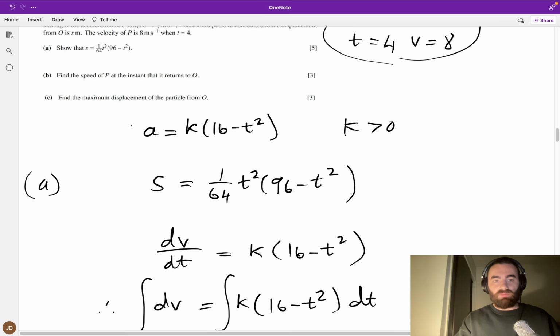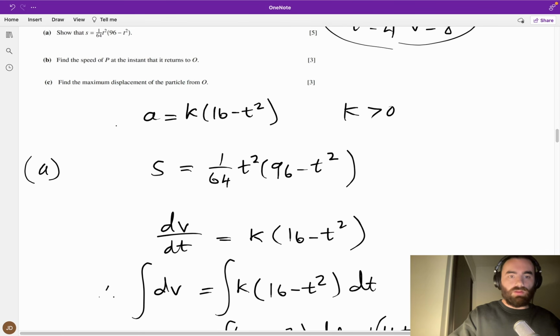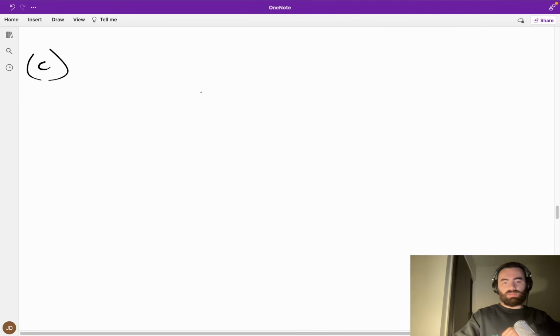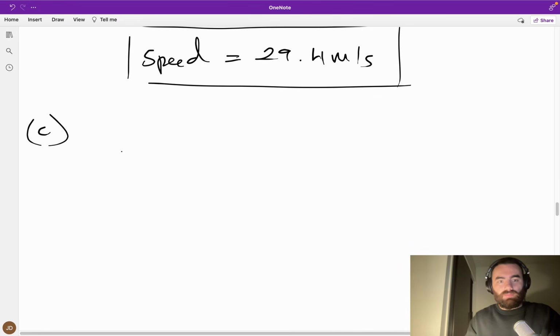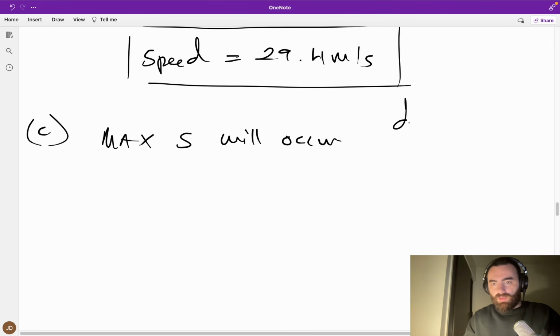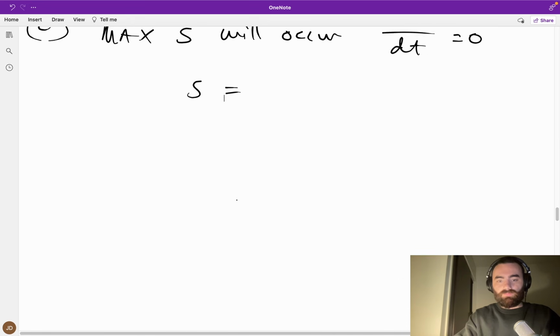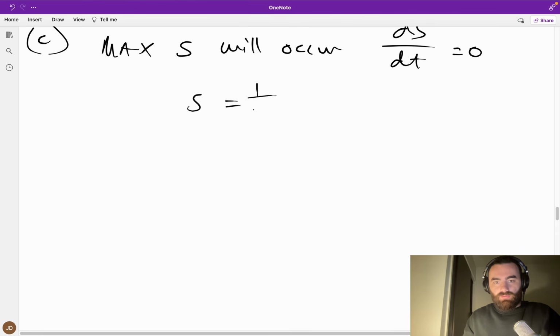Find the maximum displacement of the particle from O. So max S will occur when ds by dt equals 0, and s equals 1 over 64 t squared of 96 minus t squared.